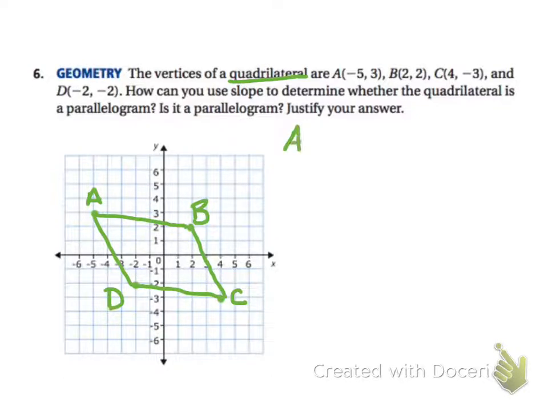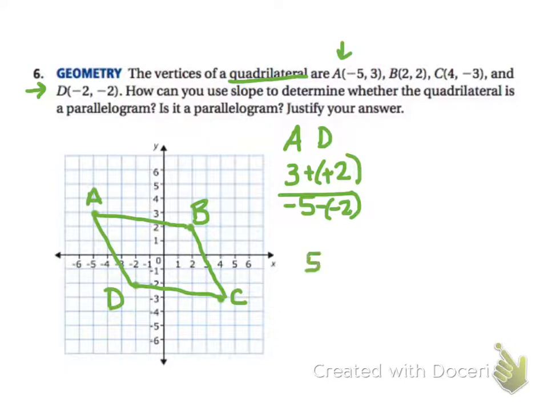So AD. I will look at the coordinates for A and the coordinates for D to calculate slope. So I'm going to calculate the slope of that line. So 3 minus negative 2 over negative 5 minus negative 2. So in this case, I'll have 3 plus 2, which is 5, negative 5 plus 2, which is negative 3. Line BC is the other line that I would be testing to see if it's parallel.